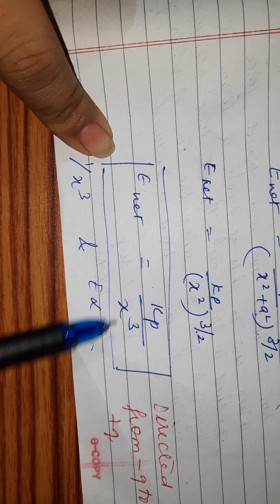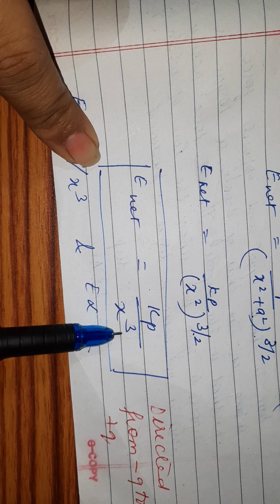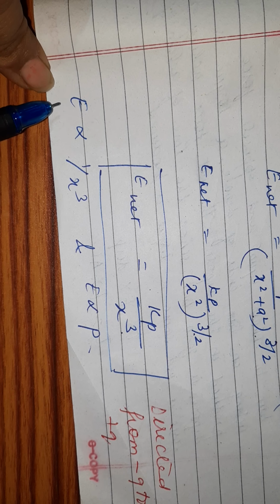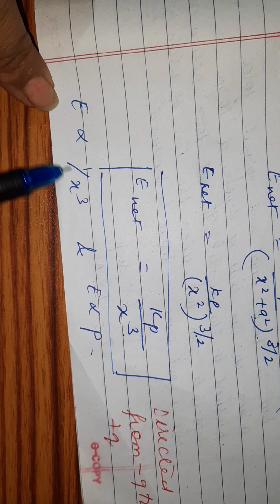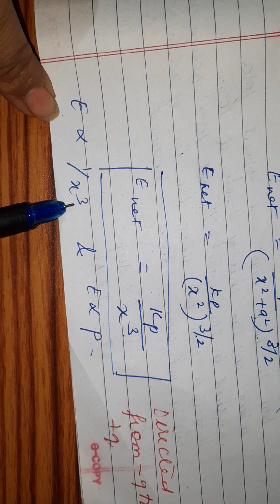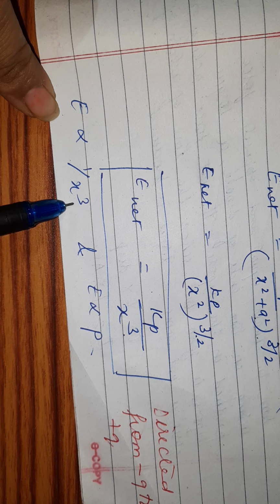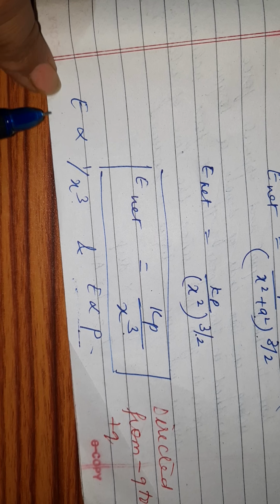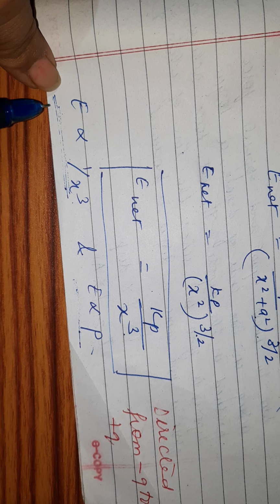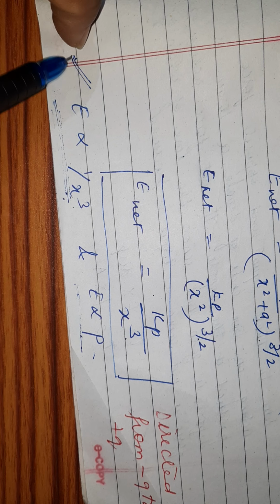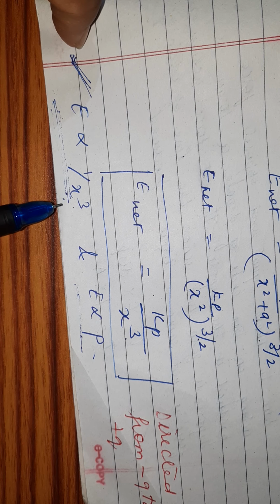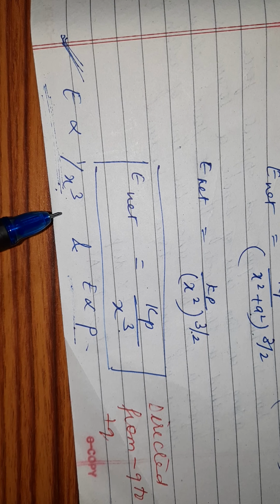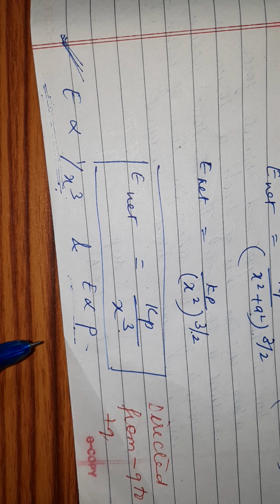Next step we see E net is equal to kp upon x to the power 3. So here also we can see that electric field at an equatorial point is inversely proportional to the cube of the distance of that point from the dipole, and it is also directly proportional to the dipole moment. So for both the axial point and the equatorial point, the electric field intensity is inversely proportional to the cube of the distance and proportional to the dipole moment.